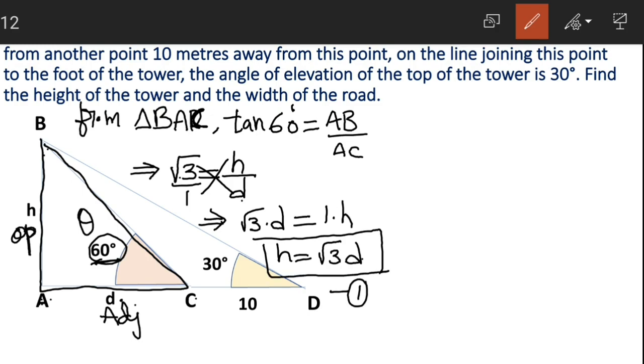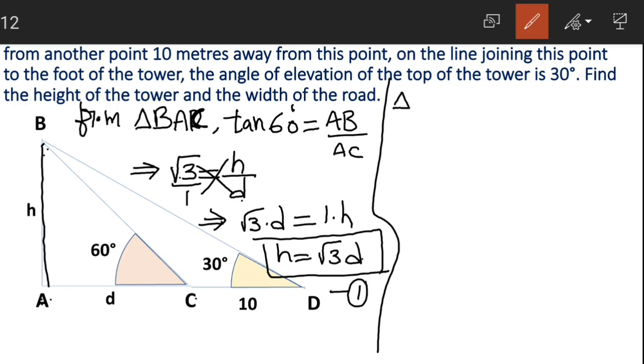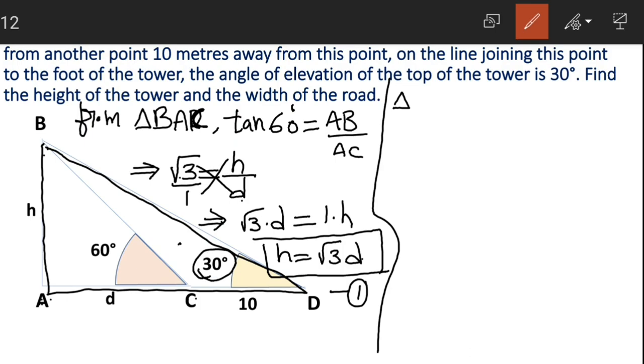Okay. Now consider the second triangle, that is consider the triangle BAD now. In this triangle, if you observe that this 30 degrees becomes our theta, then this AB becomes opposite side and AD becomes adjacent side.